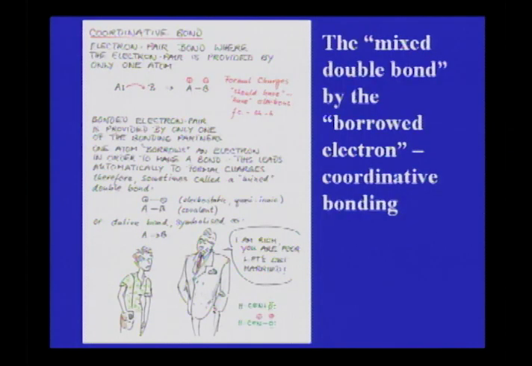Good. Let's leave this behind for a moment. But everything is related, so things reoccur in our discussion. And one very important bond is what we call the coordinative bond. Remember, we learned in bonding 1 the ionic and the covalent bonds, and the coordinative bond is sort of in between.